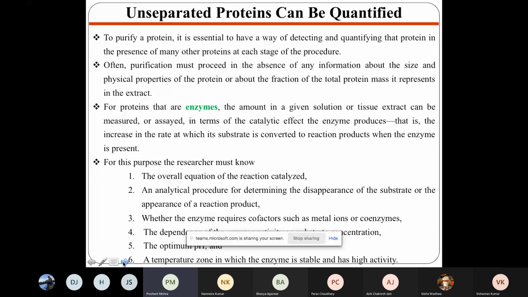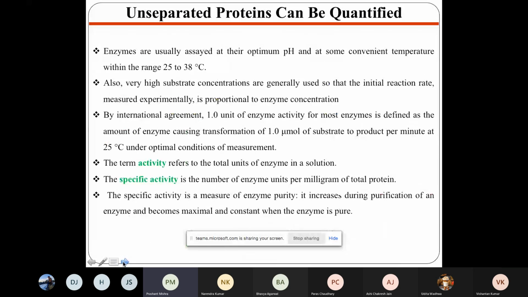Now let us see where it is an advantage. Normally enzymes are used at their optimal pH, and pH is normally around 7, because in most organisms the pH inside the cell is 7.4. The convenient temperature to be used is between 25 and 38. 25 is normally considered room temperature, and 37 degrees is considered body temperature.